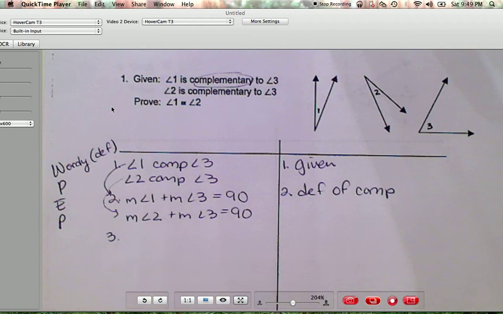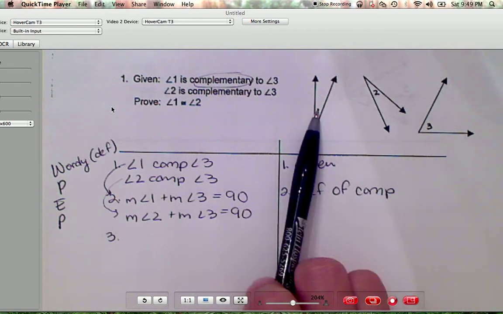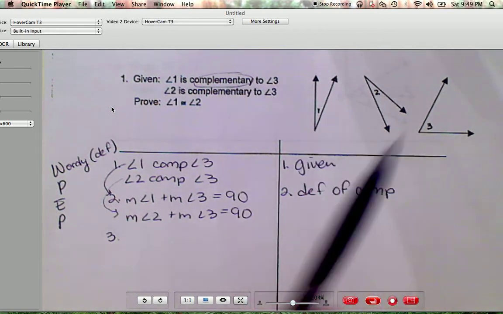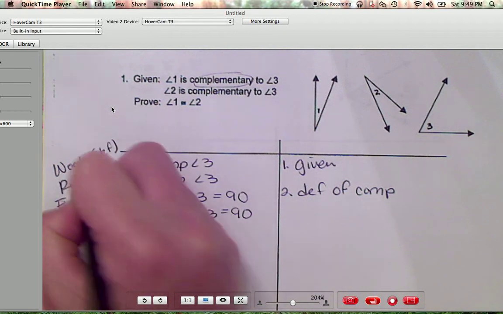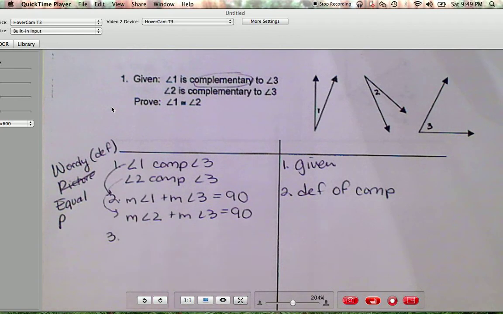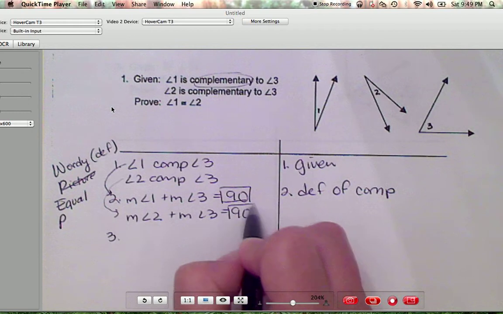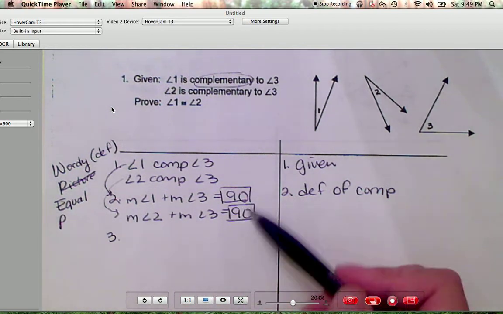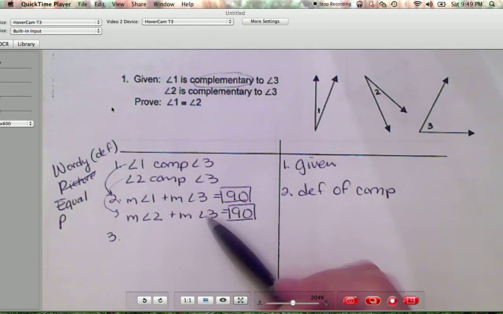Next thing we want to do is go to the picture, but there's no vertical angles, no linear pairs, no angle addition, so there's nothing in the picture, nothing. But we do have 2 things that are equal to the same thing because both of these lines are equal to 90 degrees. So that means we can throw the 90 out and set this first line equal to this second line.